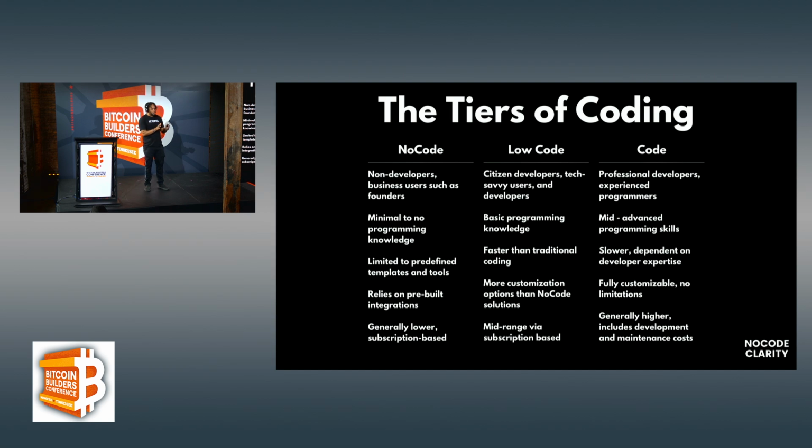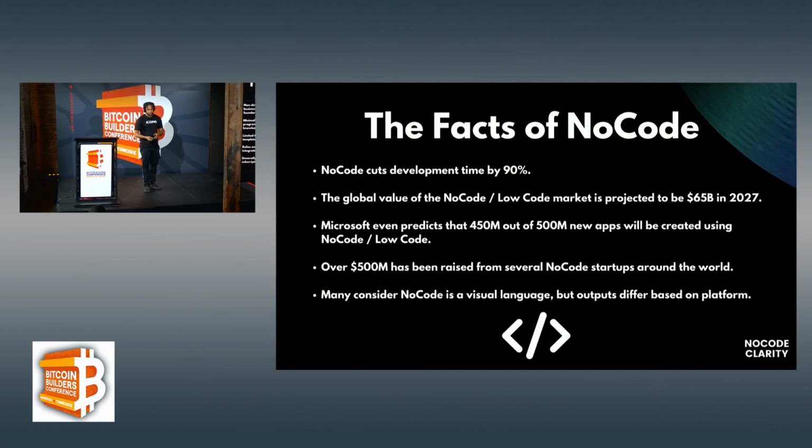And then the low code to no code side of things, if we were to look at that, is generally for non-developers, people who are business users, such as founders, maybe non-technical founders even, minimal to no programming knowledge, limited to predefined templates or tools, relies on pre-built integrations, etc.